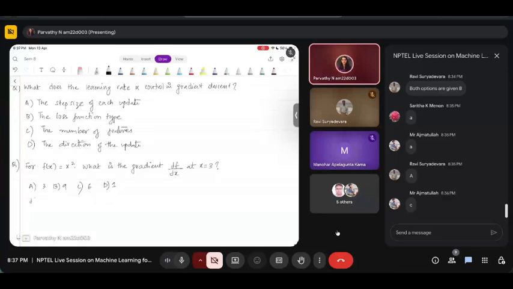Yes. So dou f by dou x is 2x. When x is equal to 3, then you get 2 into 3, 6. So it is 6.